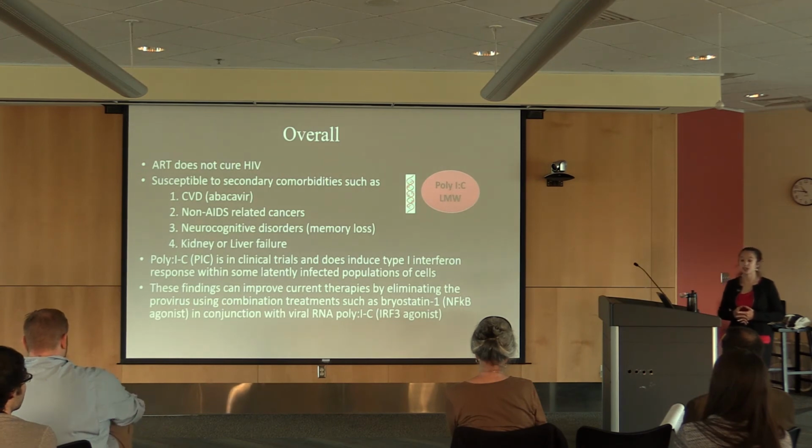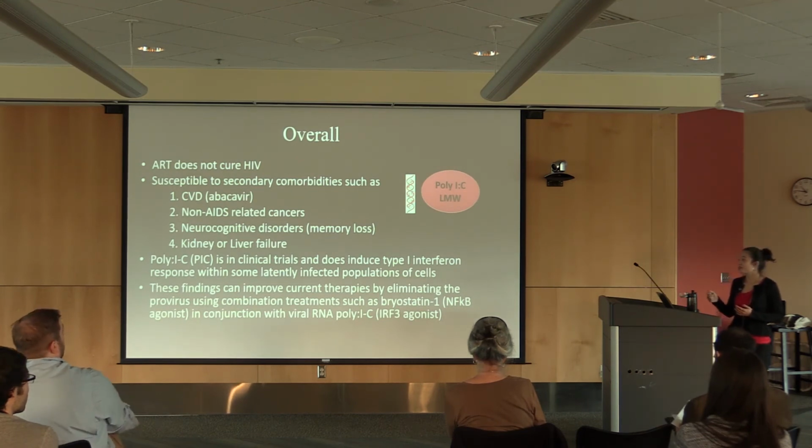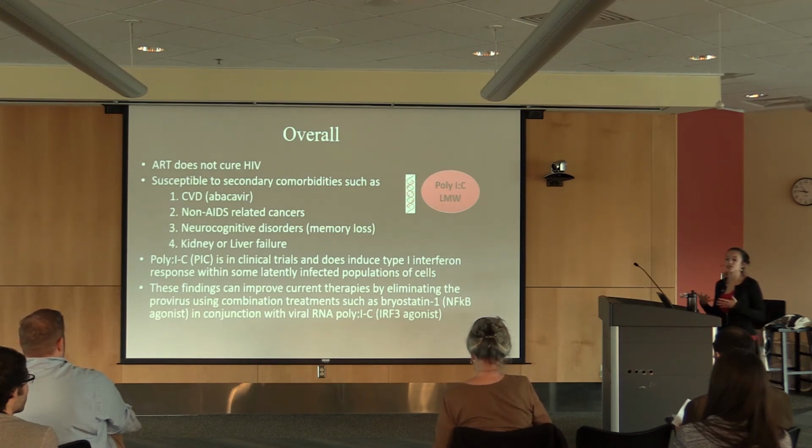It does induce a type 1 interferon response in latently infected populations, but my results are showing that poly-IC is specifically inducing IRF3, which is needed for HIV reactivation. So these findings can contribute to improving current therapies by producing specifically targeted combination treatments.